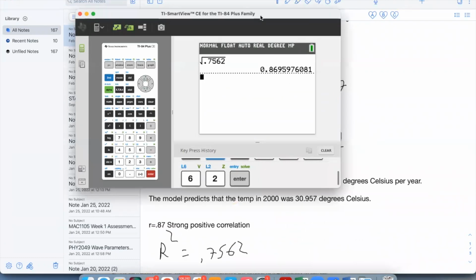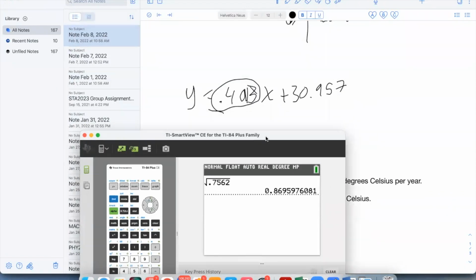I want you to see this, because some people make silly mistakes like this. 0.4013 times 2015 plus 30, that's predicting an average temperature in Celsius of over 800 degrees. Our bones would be burning at that temperature. I might be exaggerating a little bit, but we'd all be dead. That is clearly not the right answer.